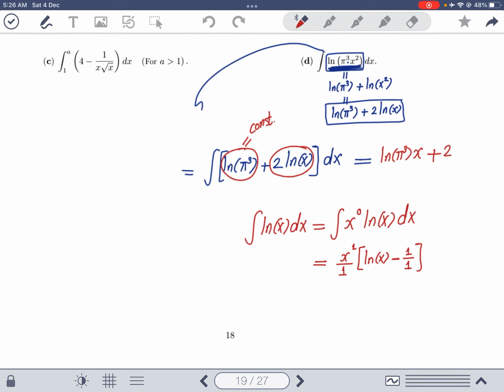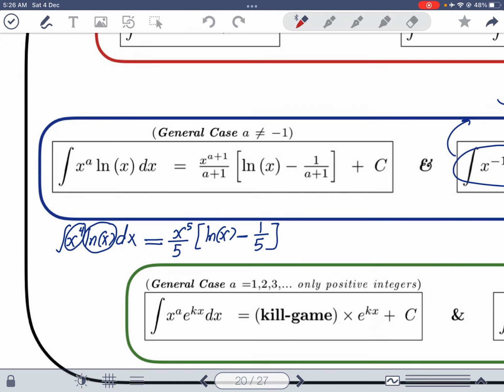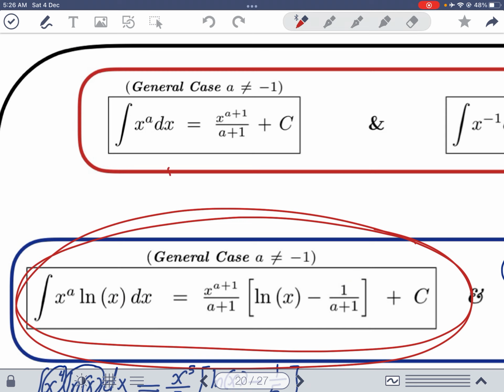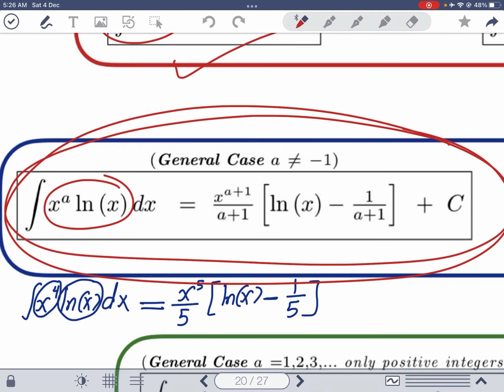When I said from the formula sheet, I'm talking about the formula sheet that I have here. This specific rule will not be given to you in the final. You just remember it. The regular power rule is given, of course, but this is a special one that if you notice it and remember it, you'll make your life easier, because this formula will always be correct as long as the power of x here is not negative 1.